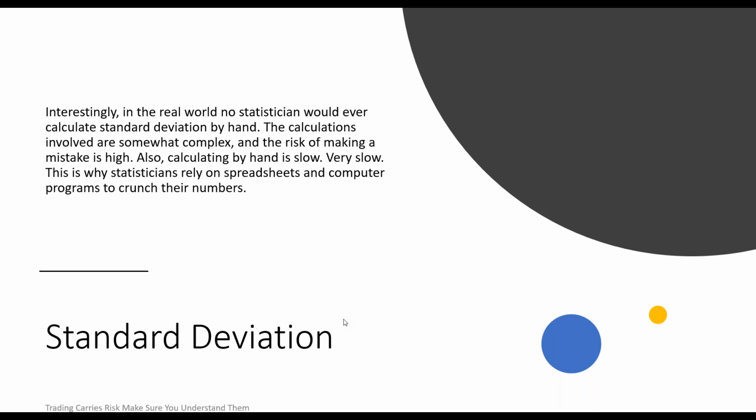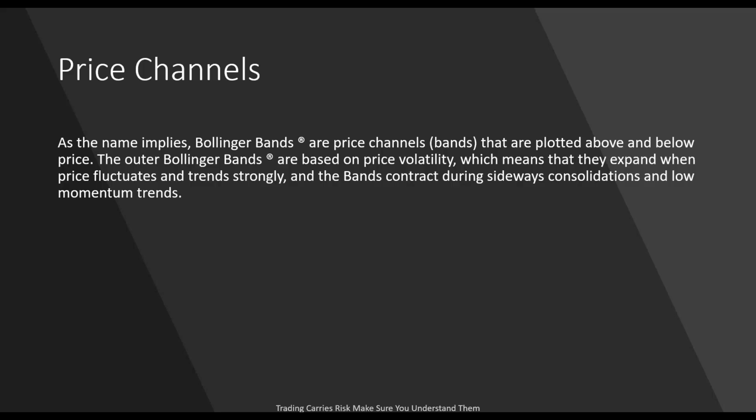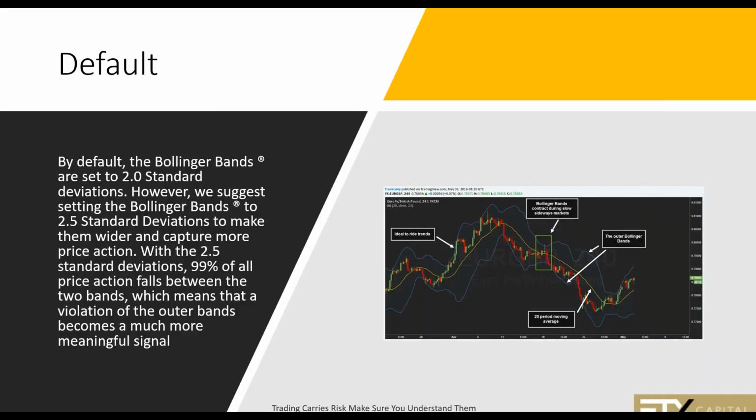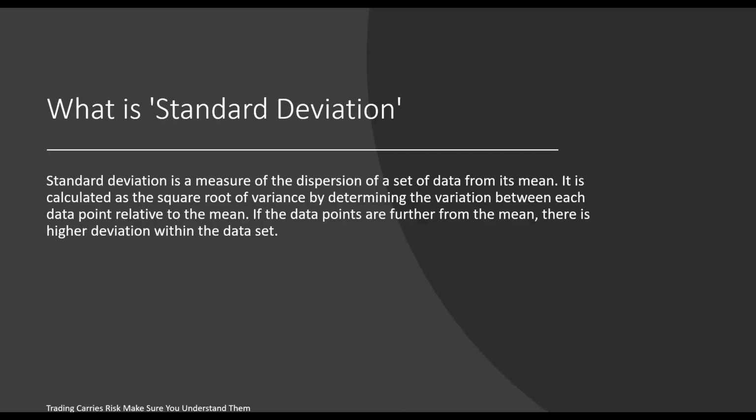The calculations involved are somewhat complex. Now, by default, the standard deviation for Bollinger Bands is 2 standard deviations. Now, this is going to be a lot of mathematical talk, okay? But we'll get through it. You don't have to memorize. You don't have to understand it, okay?